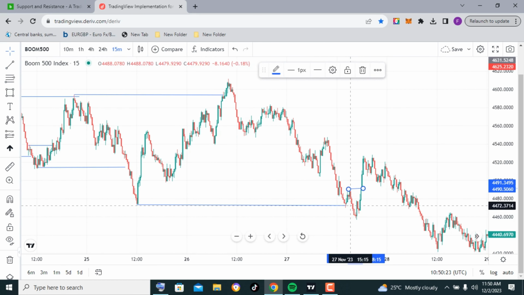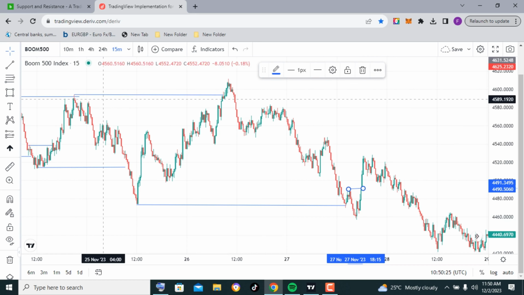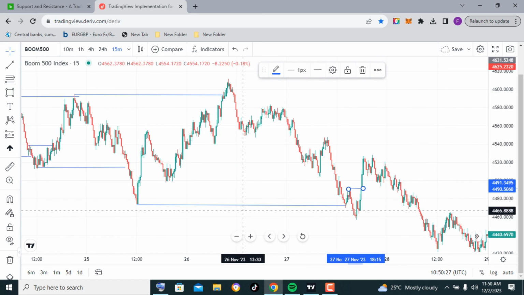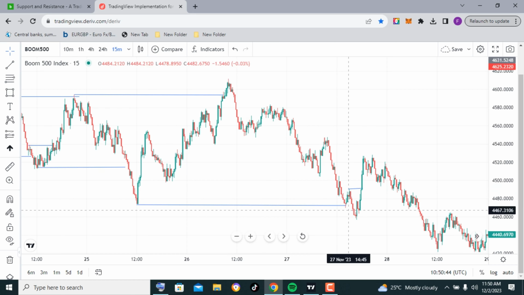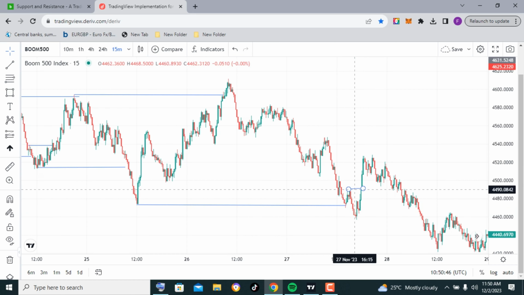So when price took out this low, now since this zone acted as our inducement, this break of structure here was validated. And when price finally broke through that break of structure, it created this inducement here. So finally price pulled above the inducement, validating that this is our lower low.